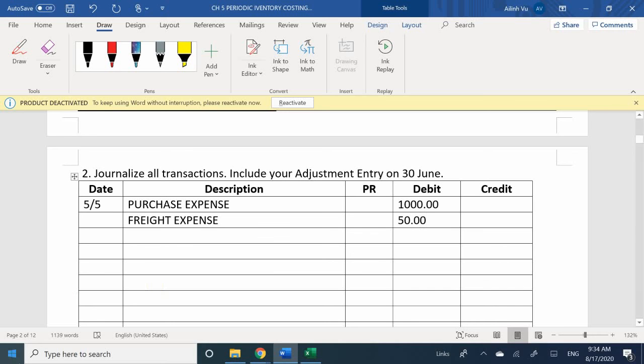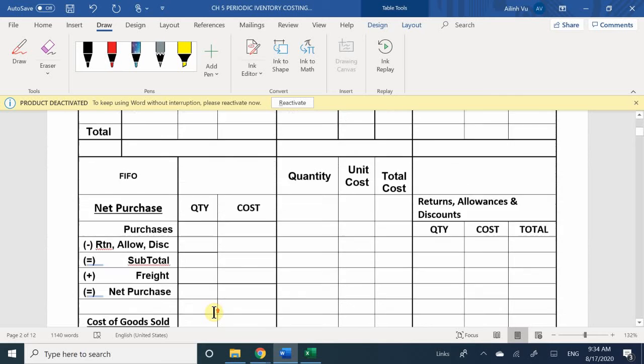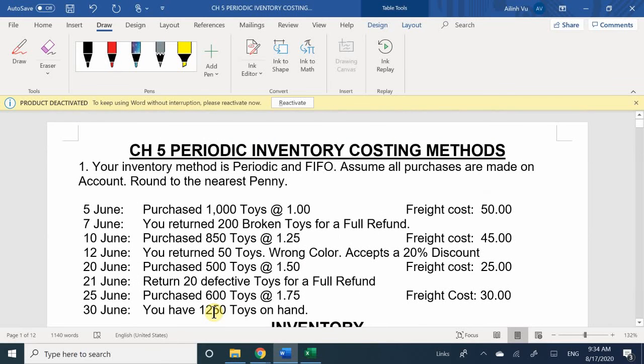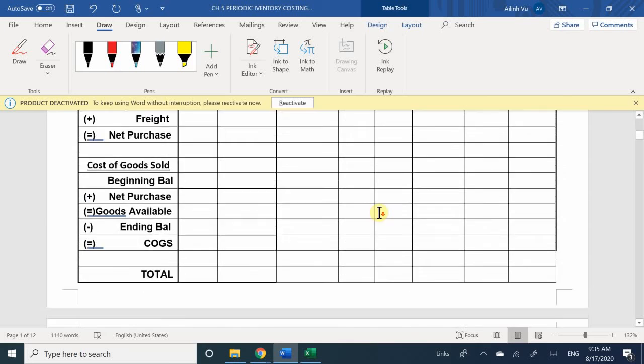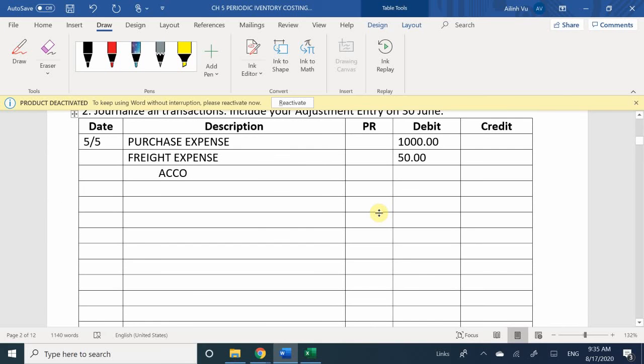And then what is my credit account? Accounts payable. Because here, assume that all purchases were made on account. So you're owing them. In this case, accounts payable is correct.